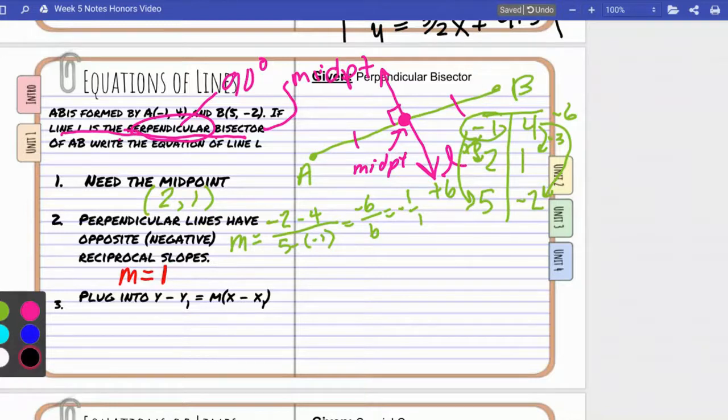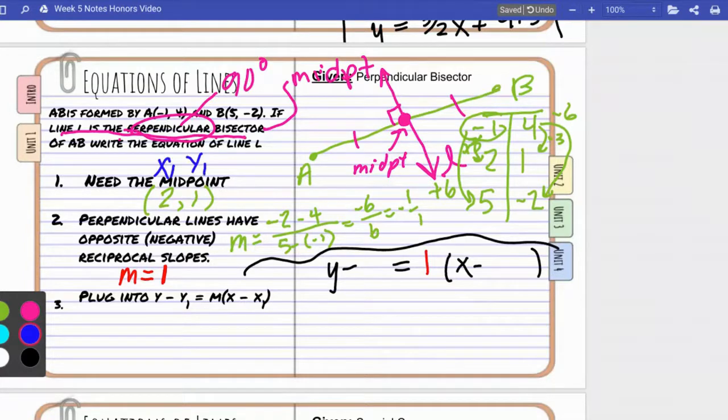So now all I do is plug my midpoint and my slope into the y minus y1 equals m times x minus x1 formula. That's the point slope form. Slope is 1. I'm going to use my midpoint as my x1, y1, because that's the point that line L goes through. y1 is 1, x1 is 2.